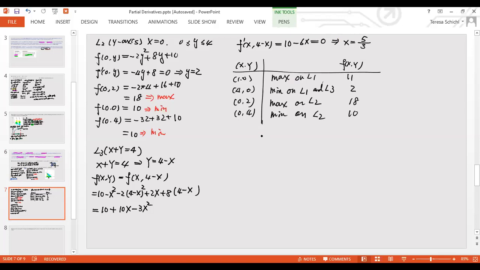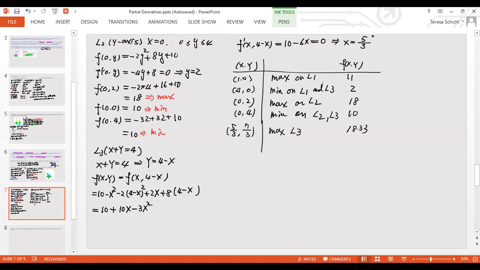Okay, and then we have the next point here. The 0, 4 is also the number on line 3. Then we also have this number, 5/3, then the y value is 7/3. That's on line 3, right? So this is the maximum number on line 3, and the maximum number on line 3 is 18.33.